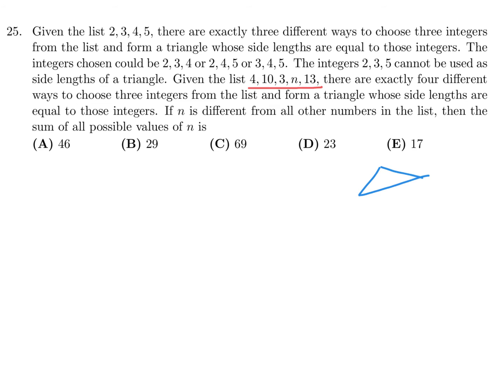In the world of triangles, if we label the sides A, B, and C, we have to abide by a rule known as the triangle inequality. What that states is that the largest side has to be less than the sum of the other two.